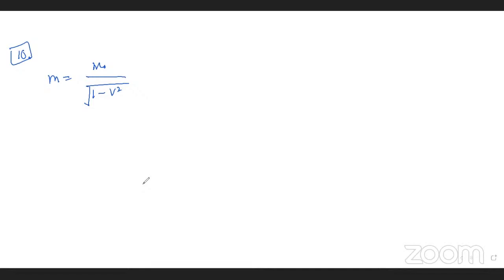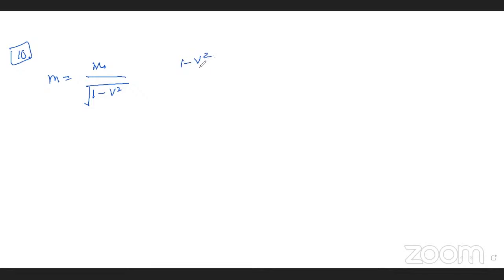So if you look at this equation, inside the square root there's a term 1 minus v square. But we know that 1 has no dimension, while v is a velocity and has a dimension.